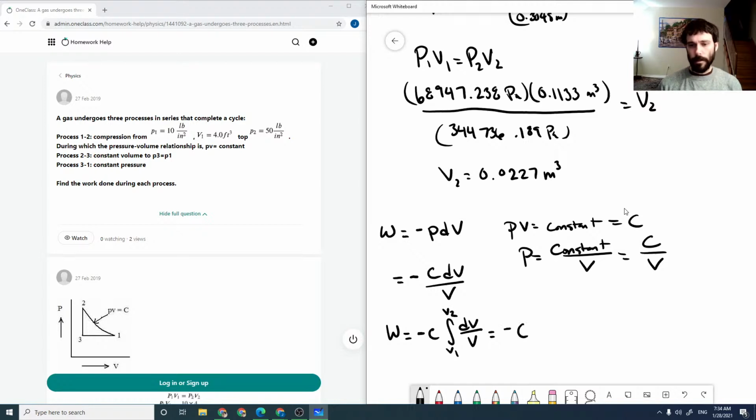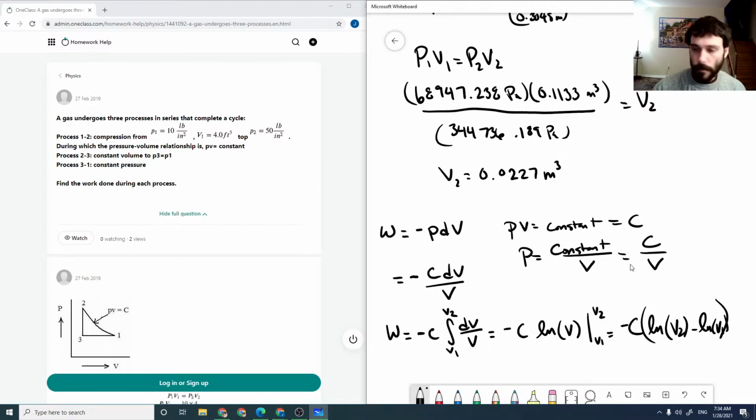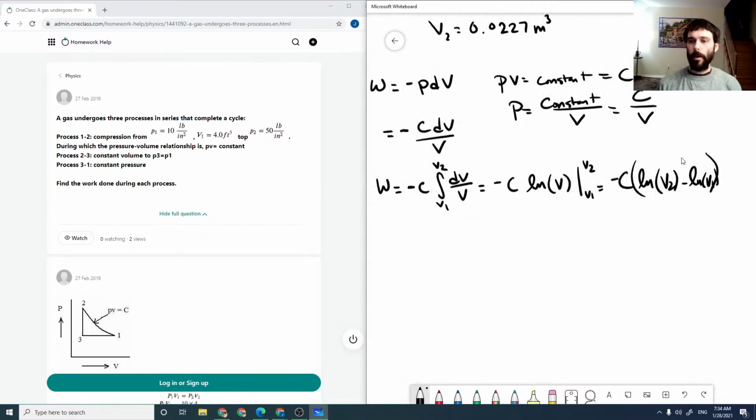So minus C ln V from V1 to V2, which is minus C times ln V2 minus ln V1. From ln rules we can write that as minus C ln V2 over V1. And again, using ln rules, the negative of a ln you can just flip, so it's just C ln V1 over V2.